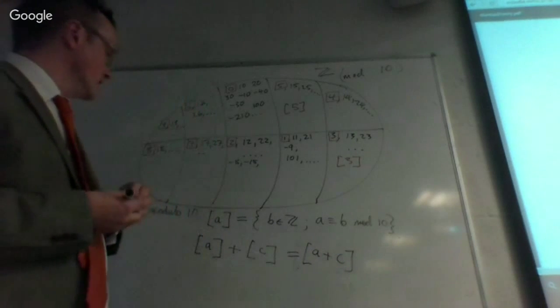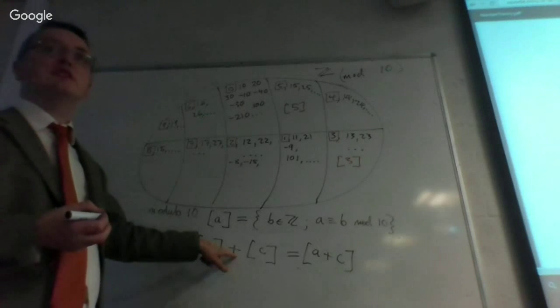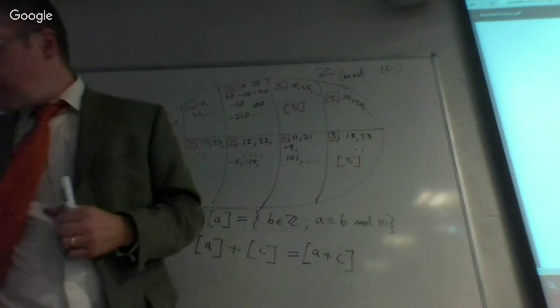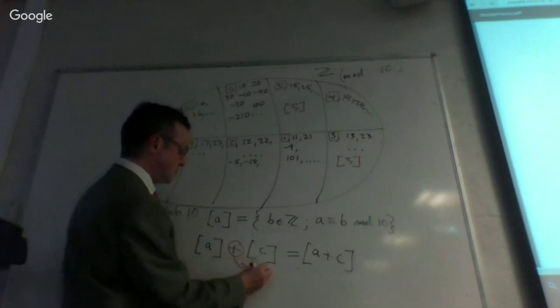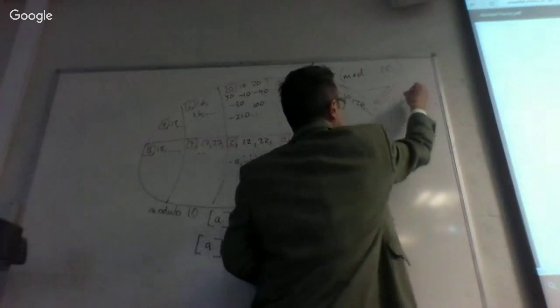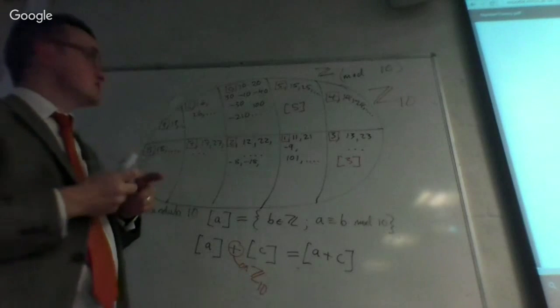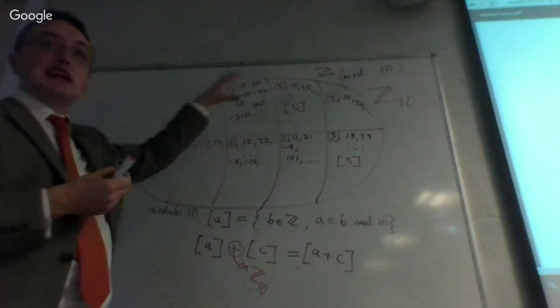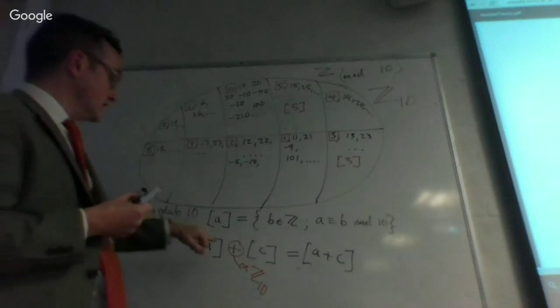This definition defines this new operation plus as an operation on Z10. So Z10 is the name given to this view of the integers, viewing the integers as split up into these 10 congruence classes, modulo 10. We call that Z with a subscript 10.